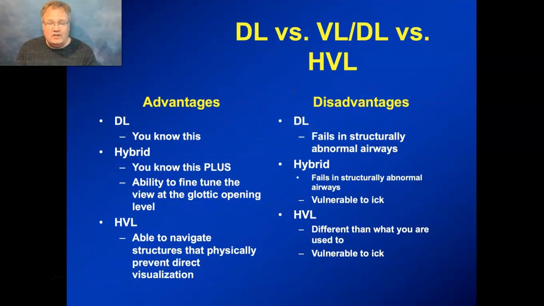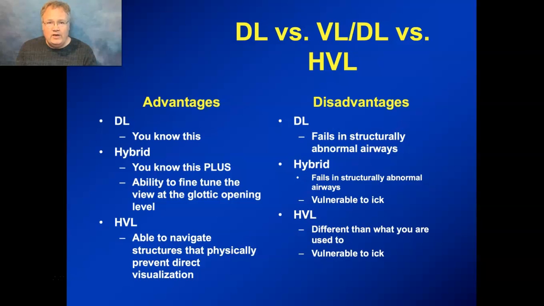So there are advantages and disadvantages to all these approaches. Direct laryngoscopy, we all know it. It's how we learn to intubate. So that's one of its biggest advantages. However, in truly structurally abnormal airways, it can fail you.